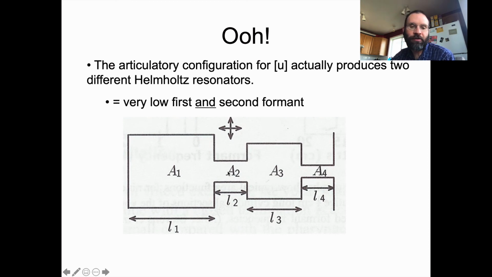So you are producing a Helmholtz resonator here at the velar region, more or less, and then another Helmholtz resonator here in the front of your vocal tract by rounding your lips. Each one of those is going to have an open cavity behind it, and by forcing air to flow through this whole system, you're going to create two Helmholtz resonant frequencies. Both of them will be pretty low in frequency, which is how we get the characteristic acoustic pattern for an U, right?